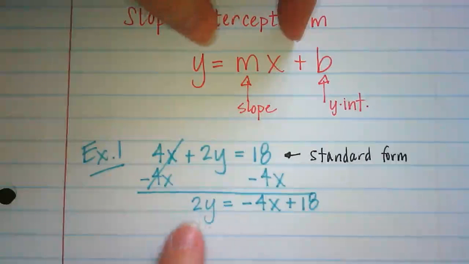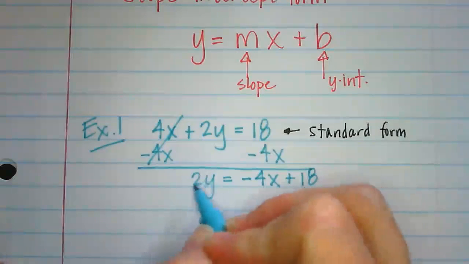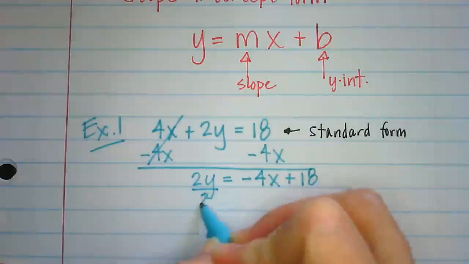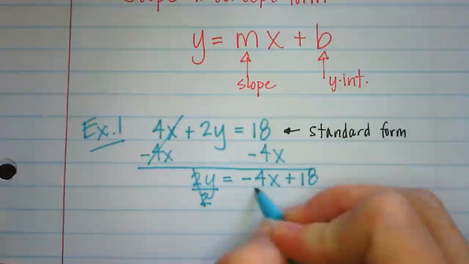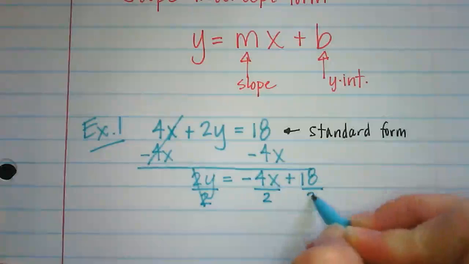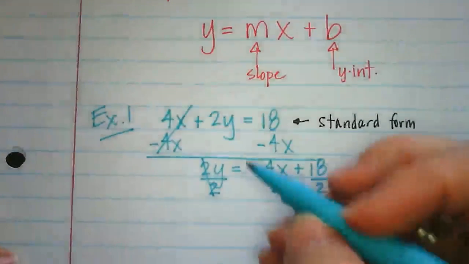If we compare this to what we want to get, we're pretty close. The only thing we need to do is get rid of this 2. To get rid of the 2 from 2 times y, we divide by 2, and that will cancel. But whatever we do to one side, we have to do to the other side, so we divide everything on both sides by 2.